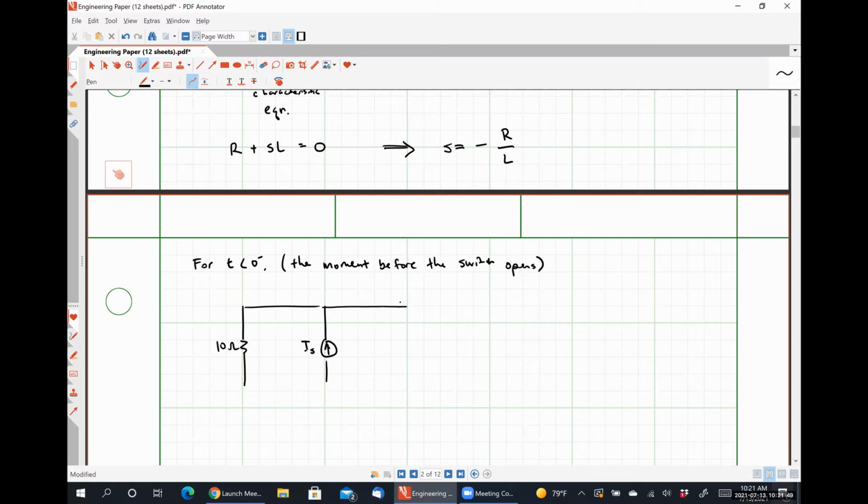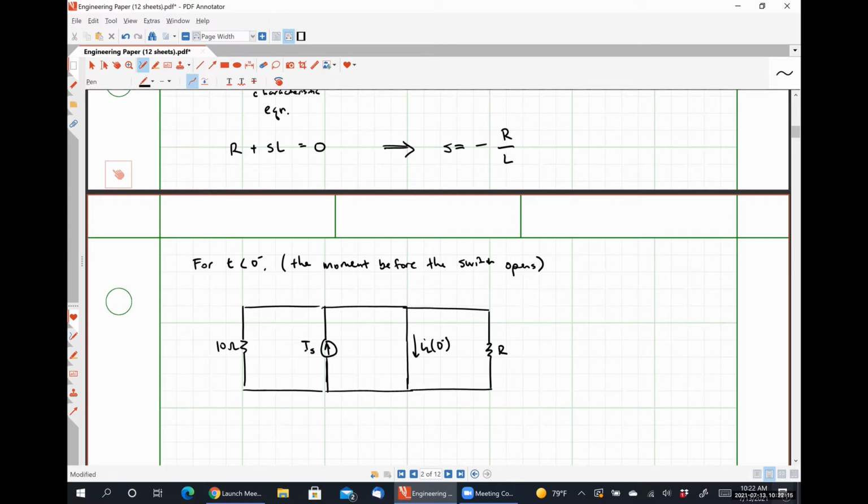Our switch is closed, so I'm replacing it with a short circuit. We are at DC steady state, so I'm replacing the inductor with a short circuit as well. And I want to know what IL at 0 minus is.